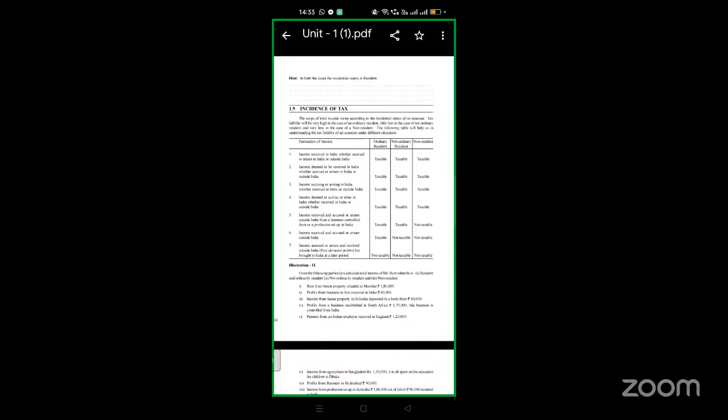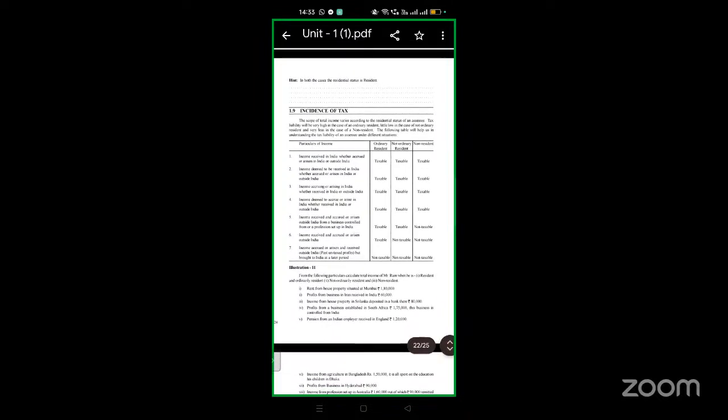So here we can look at how the tax is collected based on their incidence, whether they are resident and ordinary resident, resident but not ordinary resident, or non-resident. So for example, income received in India, whether accrued or arisen in India or outside India, it's taxable.